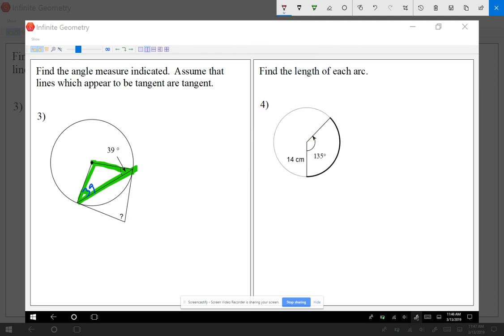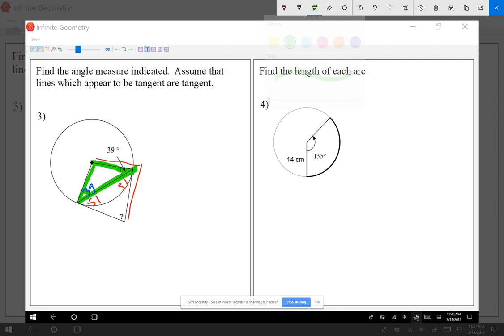Then I also know that the angle made by a radius and a tangent, here's a radius, here's a tangent, is 90. Part of it is 39. I'm thinking 90 minus 39, that's 51. So this angle is 51, and so is this one.